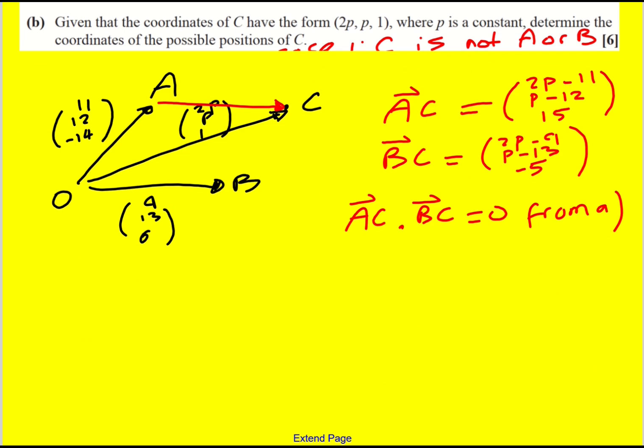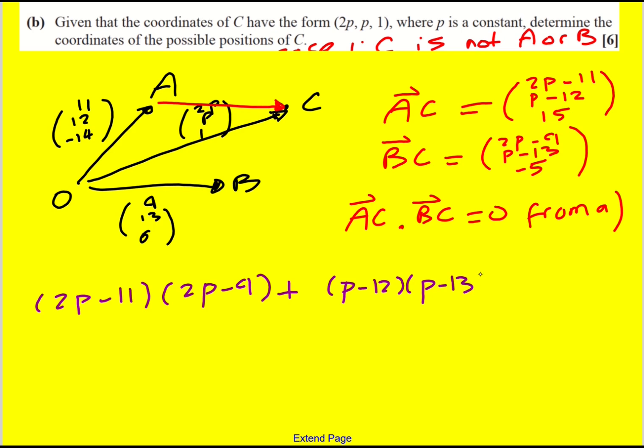Let's apply the scalar product. So we times the components together. It must be that (2P minus 11)(2P minus 9) plus (P minus 12)(P minus 13) minus 75 is equal to 0.